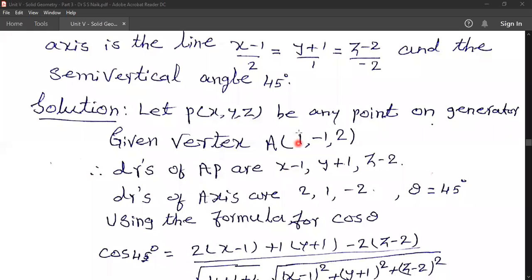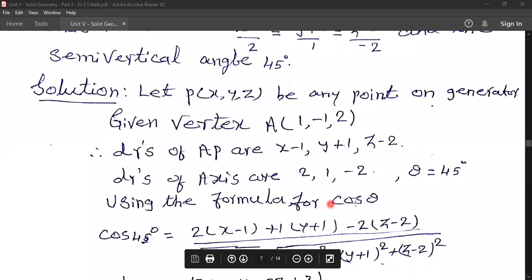Here x - 1, y + 1 and z - 2 are the direction ratios of AP, and the direction ratios of the axis are 2, 1, -2, and theta is equal to 45 degrees.